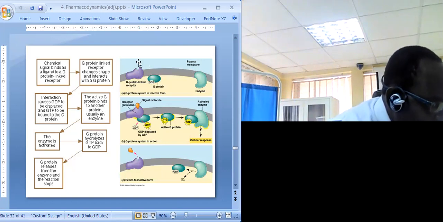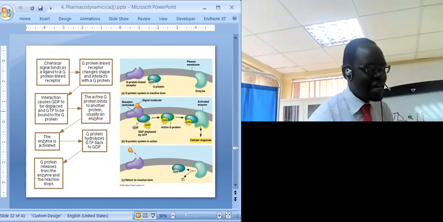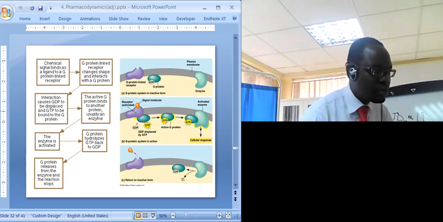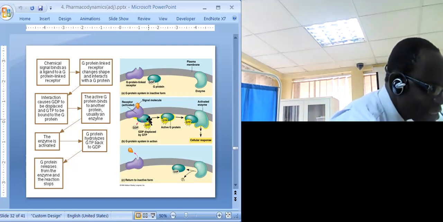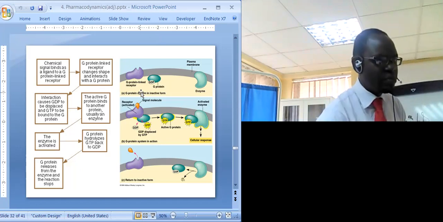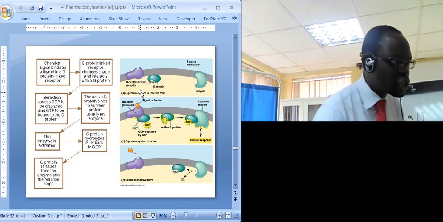Initially the diagram is like this, but once the drug comes and binds, the receptor changes in shape and then interacts with the G protein. So you can see initially they were separate, but when the receptor binds, the G protein interacts with the receptor to cause a series of reactions.